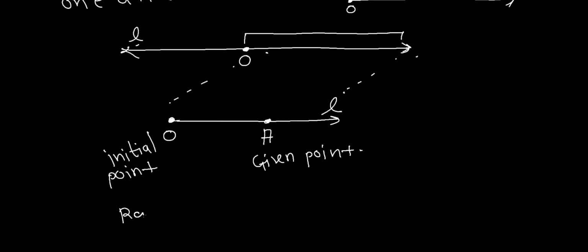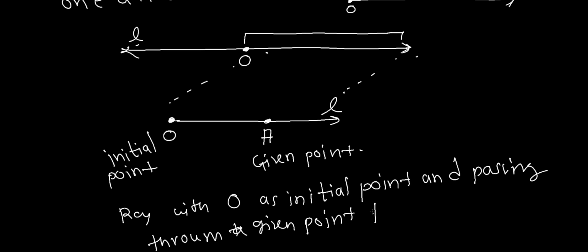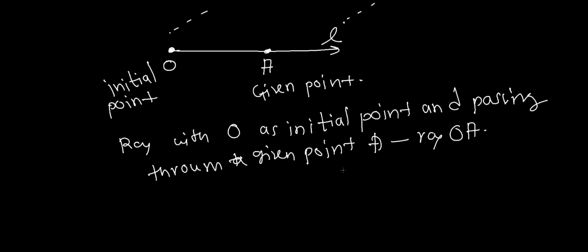So a ray with O as initial point and passing through a given point A, we call it ray OA.